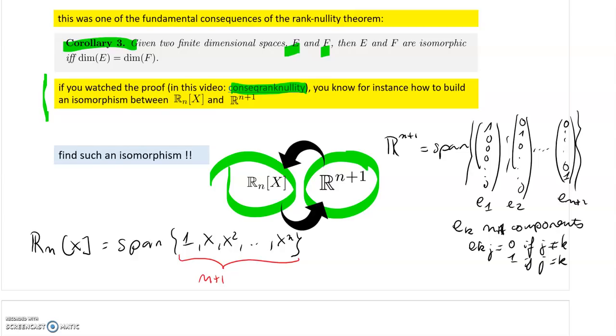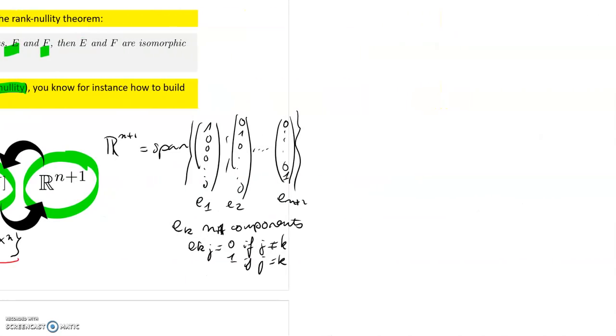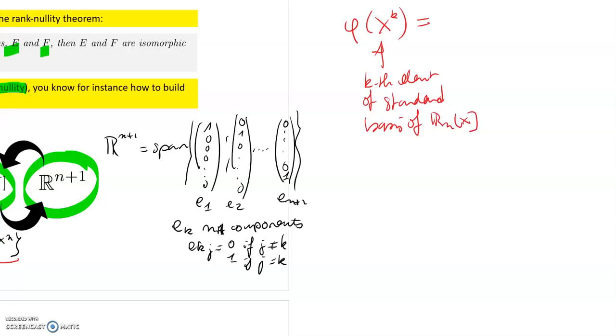So to describe this isomorphism, I can denote it phi, and it says that phi of x to the k is going to be mapped into the corresponding kth element of the standard basis of Rn of x, and I'm going to map it into the k plus 1's element of the standard basis of R n plus 1.